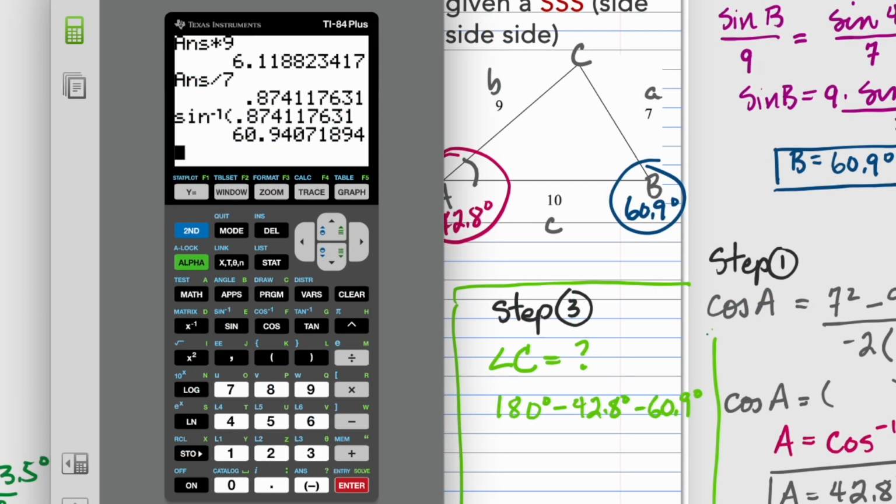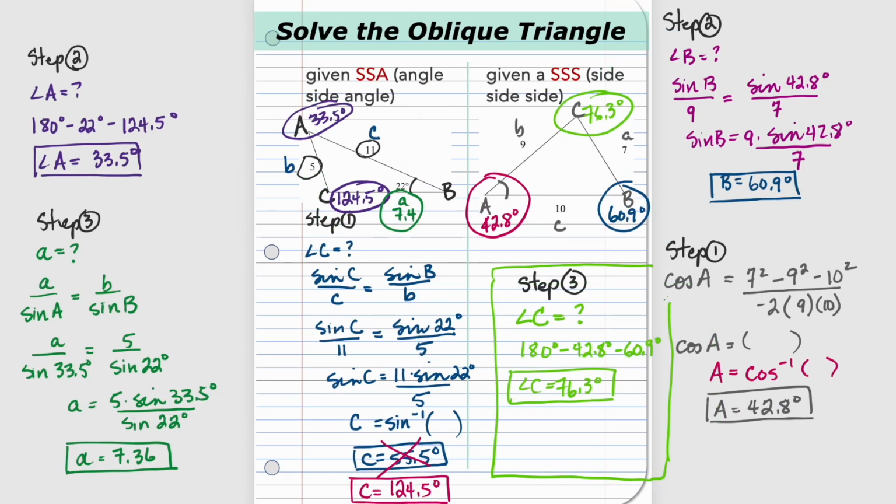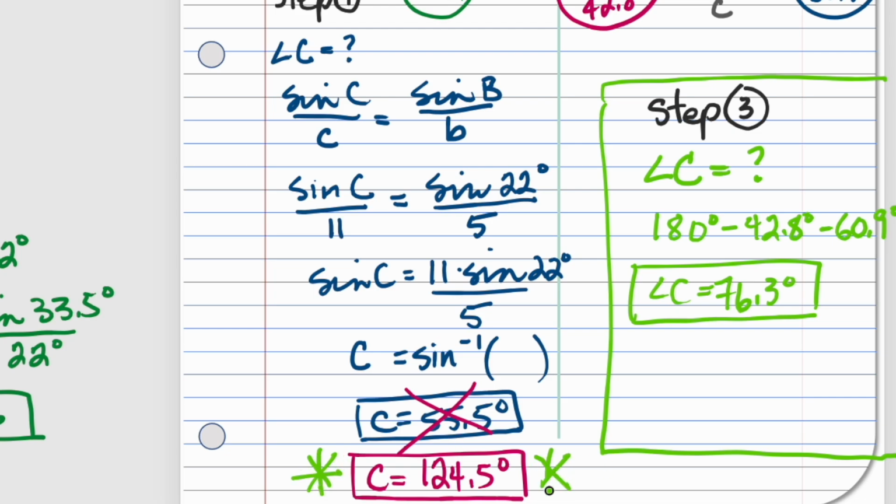And that'll give us 180 subtract 42.8, subtract, grab our 60.9, equals 76.3 degrees. 76.3 degrees for C. We have all three sides and all three angles. That was a large set, and it definitely posed some question marks here when we were using the sine law.